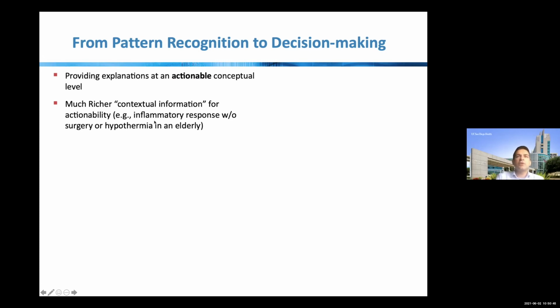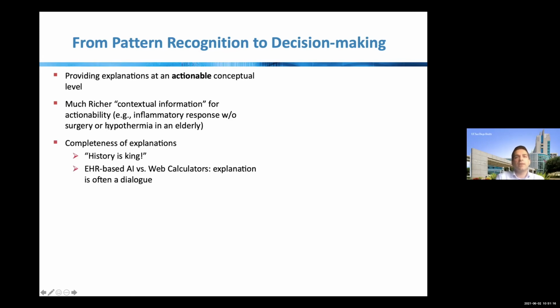If you're showing signs of a dysregulated host response to infection, or this sort of inflammatory response, it really matters whether the patient had surgery or not, or whether this is a patient that is very old or not, because in old patients, their immune system might be suppressed and they may not show the inflammatory response. Similarly, post-surgery, patients show abnormal signs of inflammatory response, but it has nothing to do with infection. So knowing about context is very, very important.